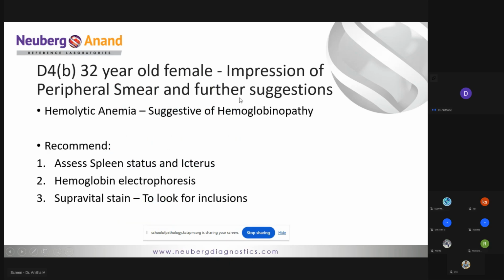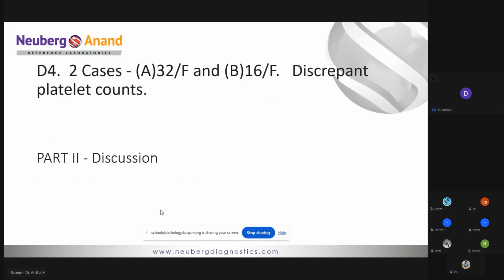So this should be the impression you would want to consider while signing out the peripheral smear, which is hemolytic anemia, and you can be very certain that this is suggestive of a hemoglobinopathy. And you have to see whether there is splenomegaly, is there indirect bilirubin, and you can ask for further tests like electrophoresis and supravital stain, as Dr. Leah mentioned, to look for inclusions.